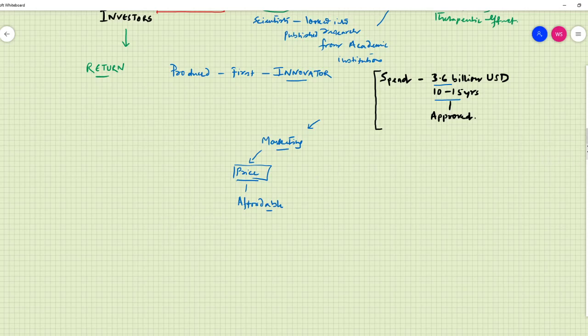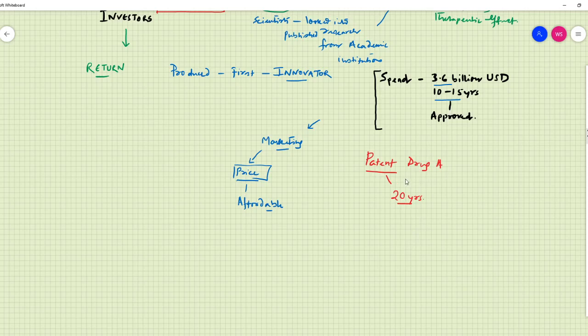Now, in this process, they also patent drug A. They patent drug A. And the life of the patent is 20 years. Okay.